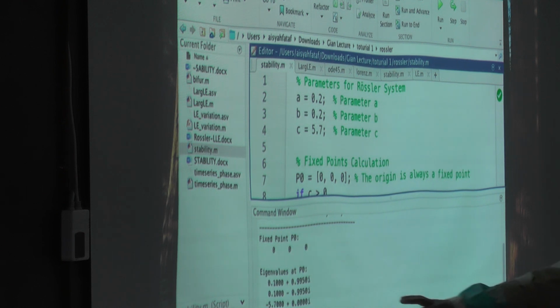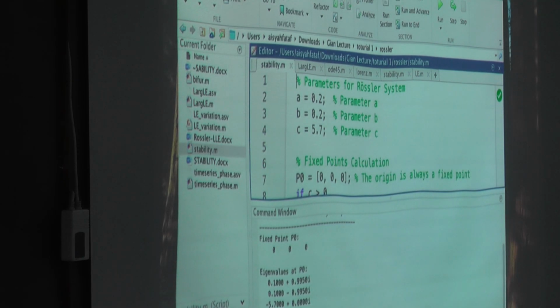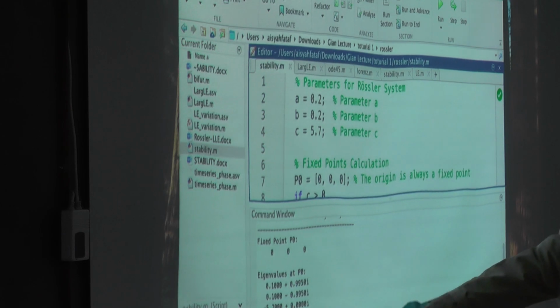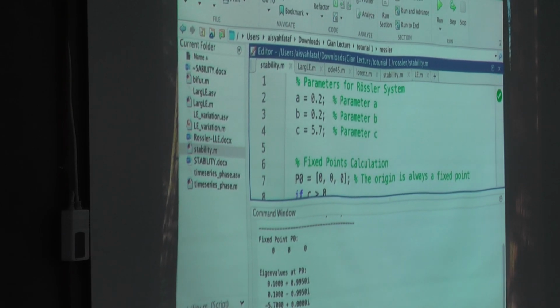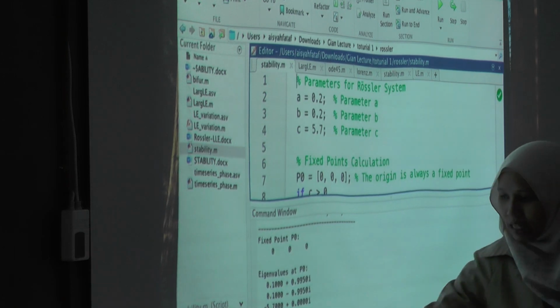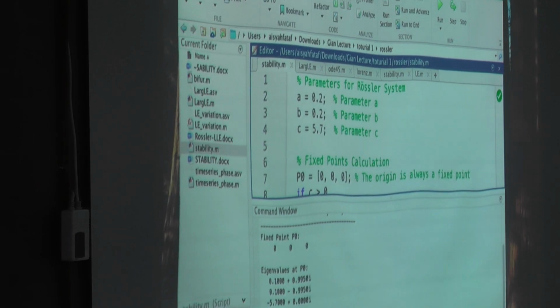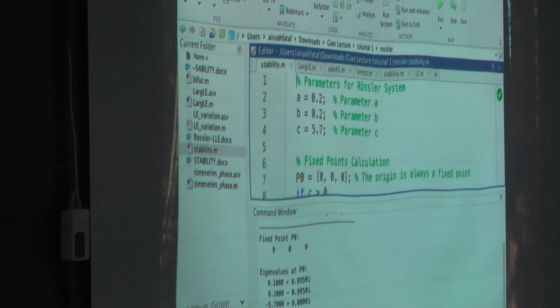Positive is unstable, negative will be stable. Okay? And then we have the second, positive eigenvalues, and all are positive part. Right? But then this is actually chaos, so we don't need to talk about this one.